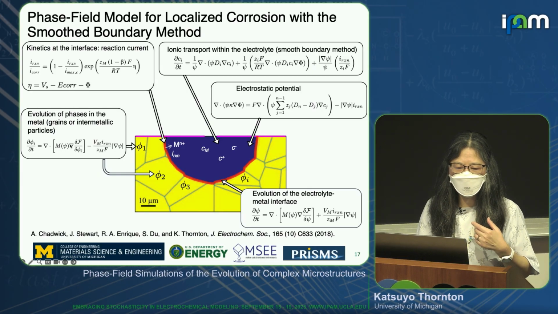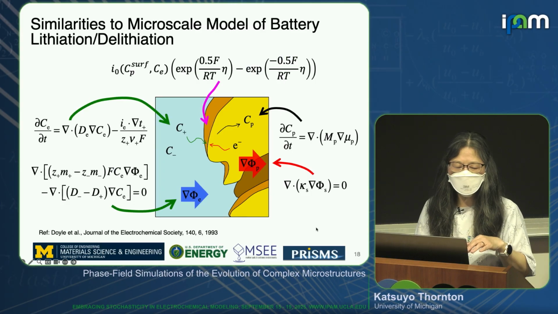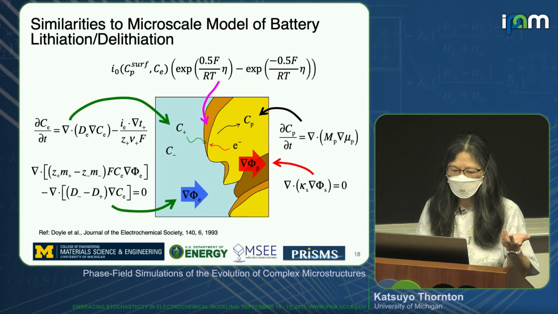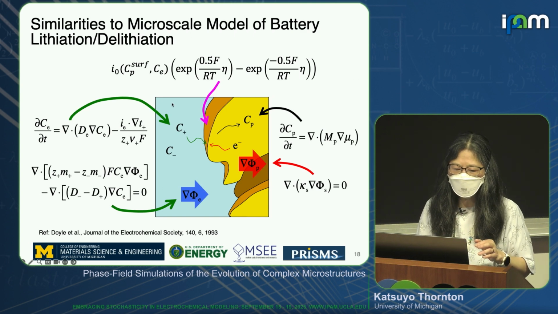Okay, and I think that I covered everything on the equation. This was the equation that I showed you in the first tutorial. It's really similar in terms of how the reaction rate is described at the interface.